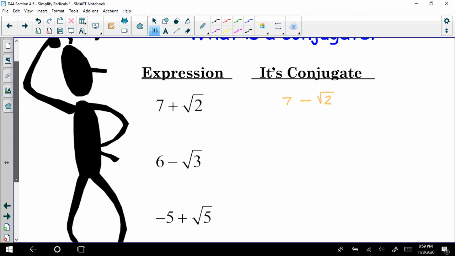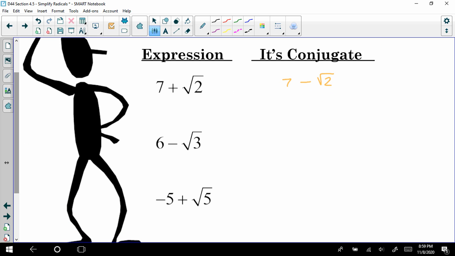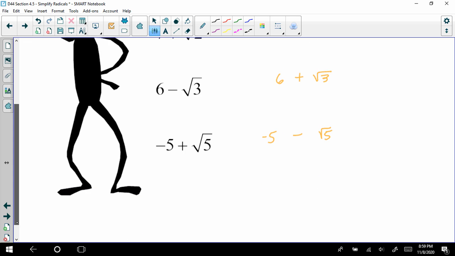Likewise, 6 minus radical 3: the 6 and radical 3 are the same, but I'm using adding in between those terms. On this next example, the numbers involved are -5 and radical 5. The only operation that changes is the one in the middle. Notice I did not switch that first term to be a positive term. It stays exactly the way it is. So it's only the operation in the middle of the two terms that switches.